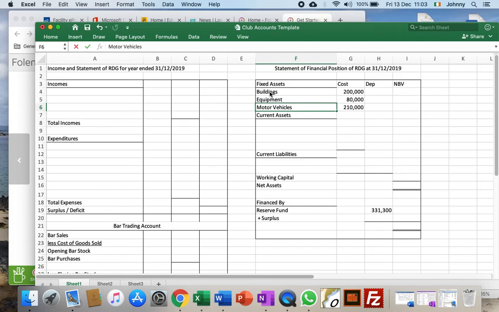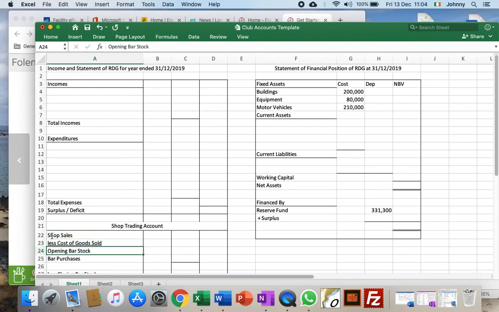Opening stock of clothes and furniture. What that means is this: I would expect all of the incomes to be added up here, but this here has, we need to do a trading account because it's got a shop. Some clubs might have a bar. In this case, we've got a shop, so we're going to change this to shop trading account. That means we're going to have shop sales.